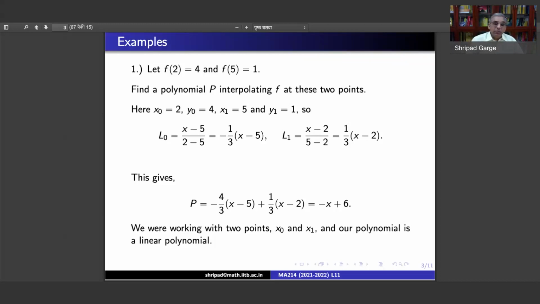At 2 the value is 4, at 5 the value is 1, and then it will intersect the x-axis at x equal to 6. It intersects the y-axis where x is 0, and the y value is now 6, and that's how this straight line goes.